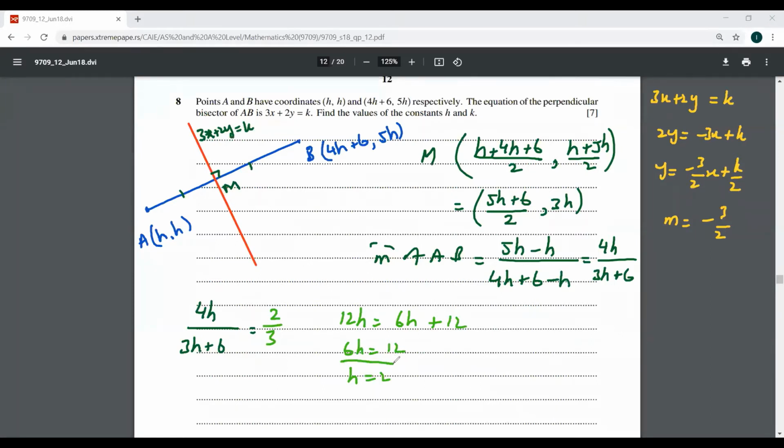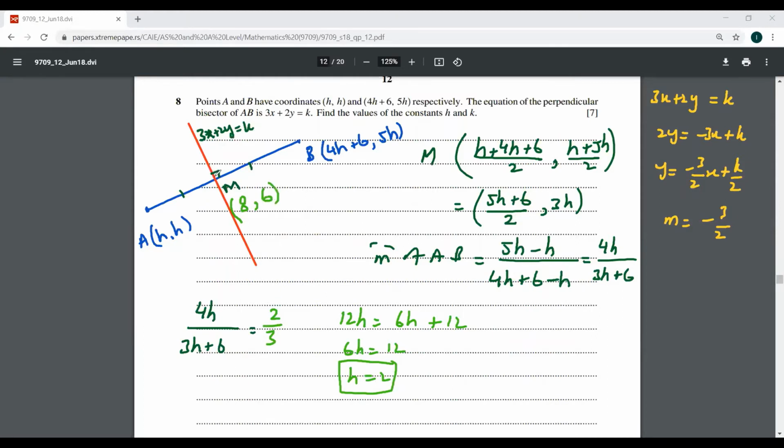So h is 2. So once your h is 2, we have got one value. Now let's put the value of h into this point M. What is this point M now? 10 plus 6, 16 over 2 is going to be 8, comma 6.